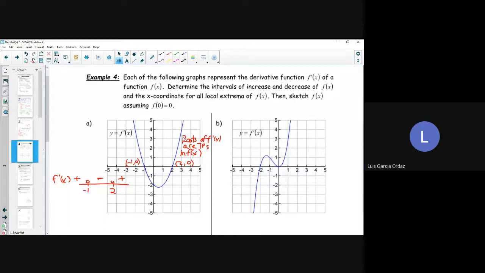So that means f of x, or my original function, is increasing between negative infinity and negative 1, and between 2 and infinity, and it is decreasing between negative 1 and 2.